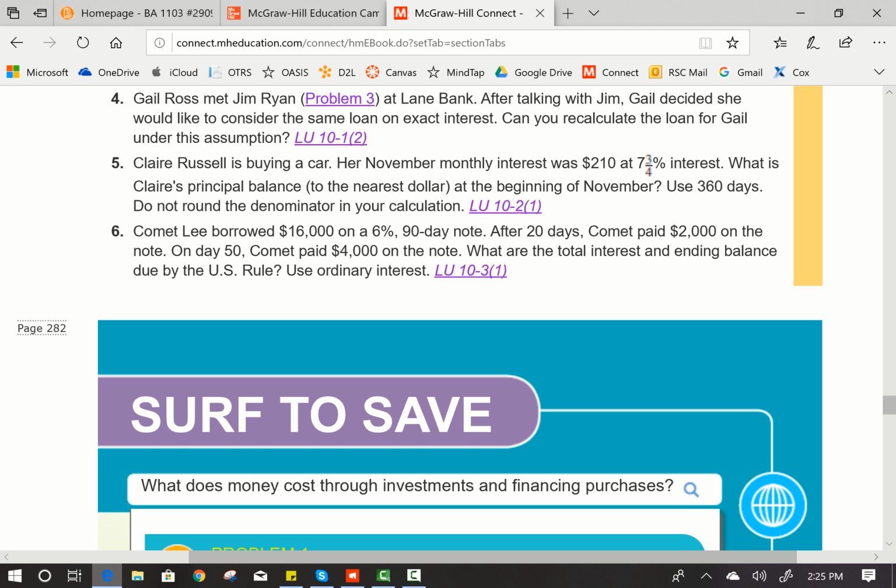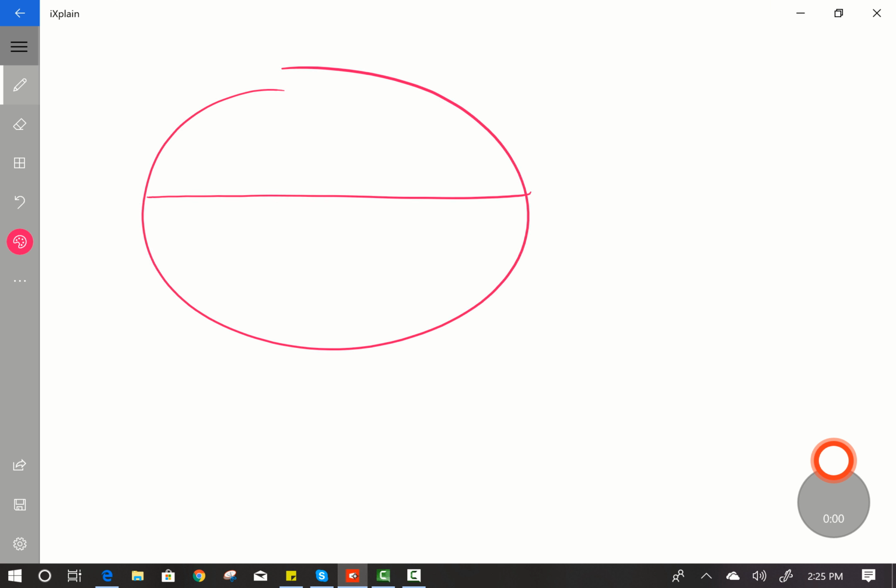Well, again, I'm going to calculate this one to find out how much interest he would pay if he did not take those partial payments. So I'm going to do that by starting off with this. $16,000 times 6% or 0.06, and the total number of days is 90 days over 360.